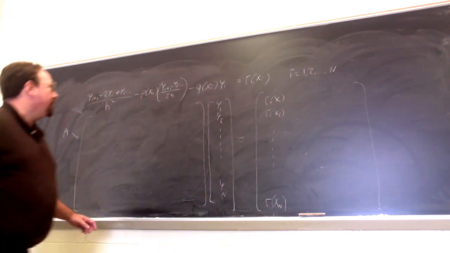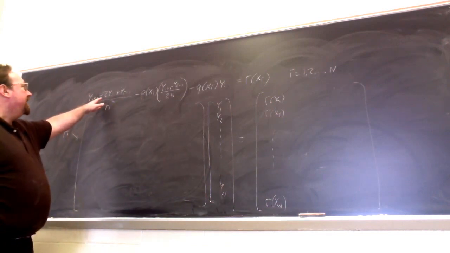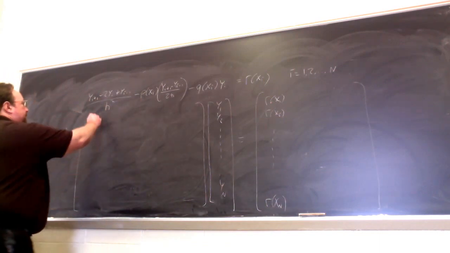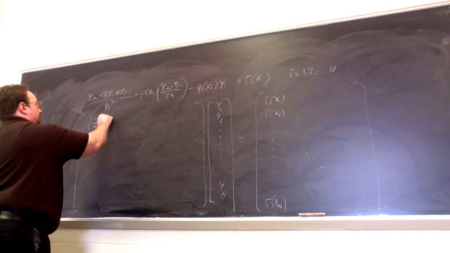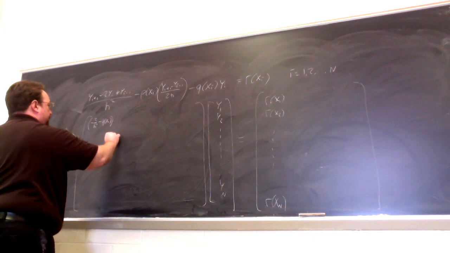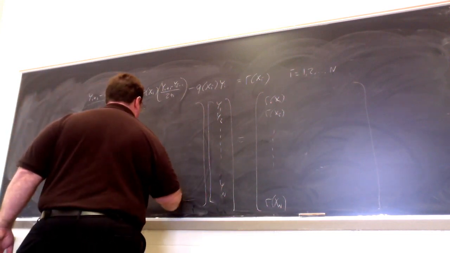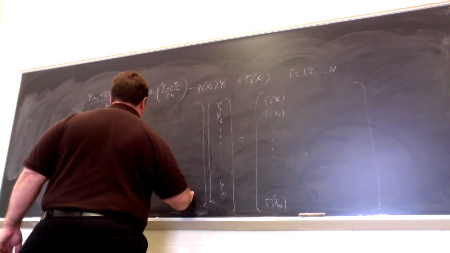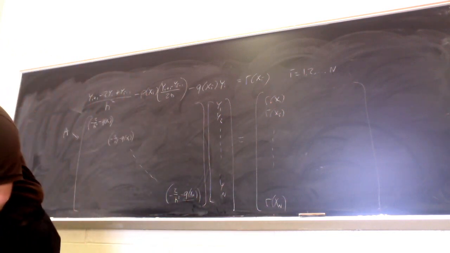Now, anything multiplying yi goes in the diagonal. So I'm going to have minus 2 over h squared minus q of x1. And then keep going down the diagonal. Q of x2, and so forth, all the way down to minus 2 over h squared minus q of xn.